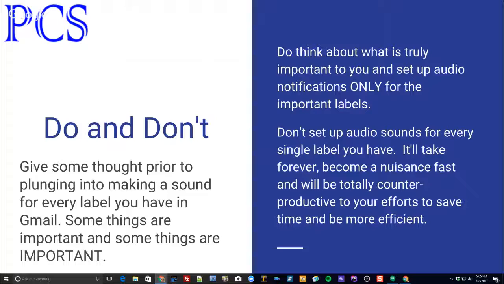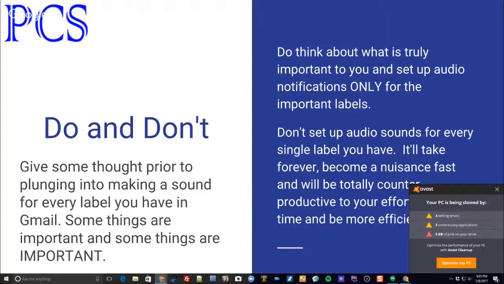At the same time, I would not recommend it for everything. In my case, I have hundreds of labels and filters. It doesn't make any sense to set up a filter for every single label I have, and tie it to this label in Gmail on mobile, and have it say, well, now you have an email from your sister. Now you have an email from your mother. Now you have an email about your school.